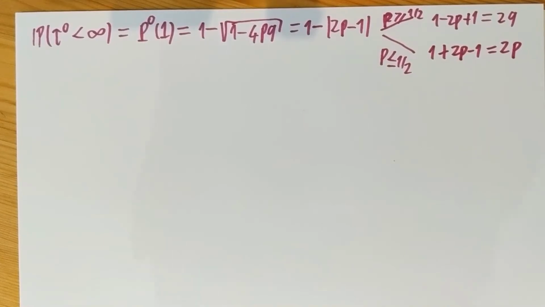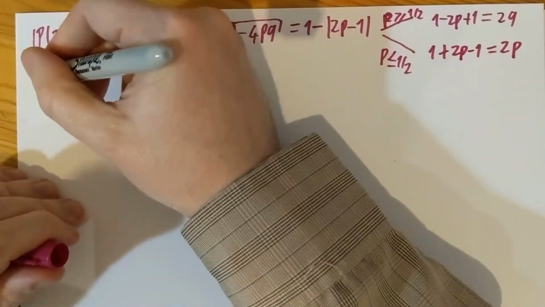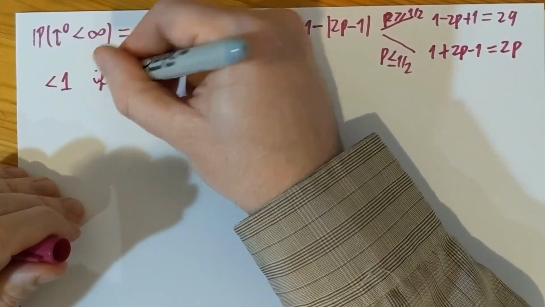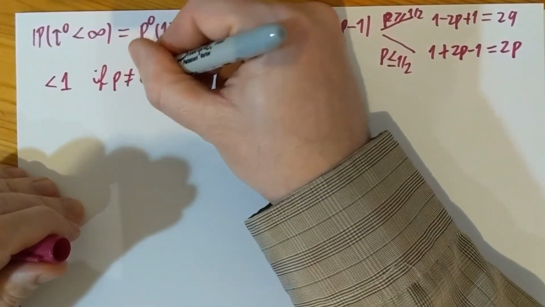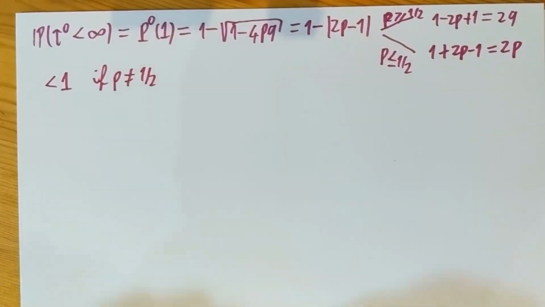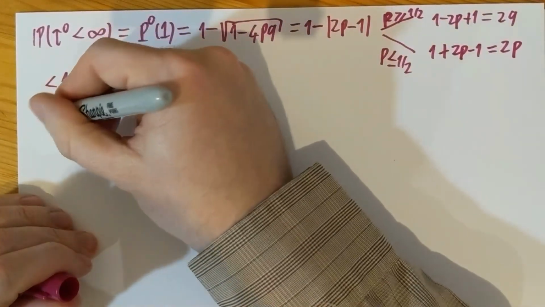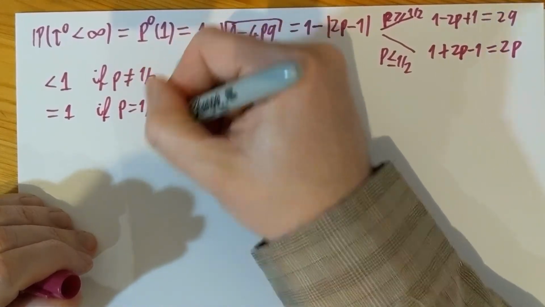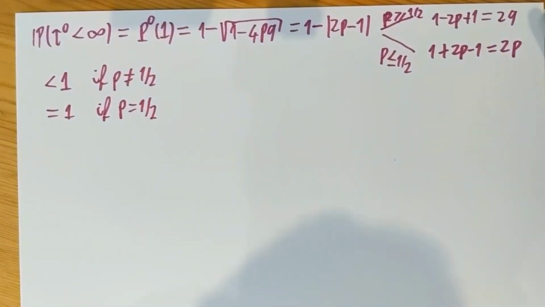Okay? Notice that this thing is smaller than 1 if p is not 1/2, which also means q is not 1/2, and is equal to 1 if p is equal to 1/2. When p is 1/2, then also q is 1/2, then these two are 1.